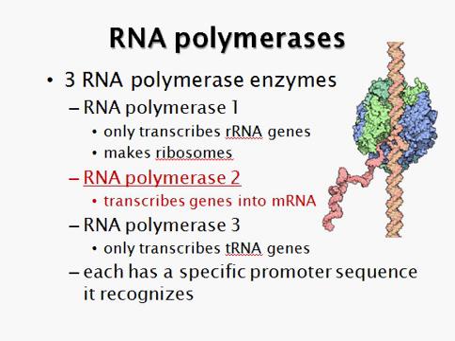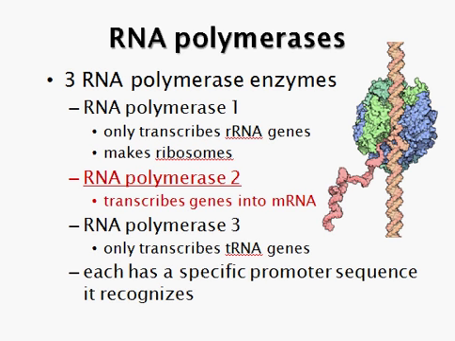RNA polymerase 2 is the one that we typically think of when we're talking about transcription, because it is responsible for making the messenger RNA for every other gene besides these other polymerase 1 and 3s.